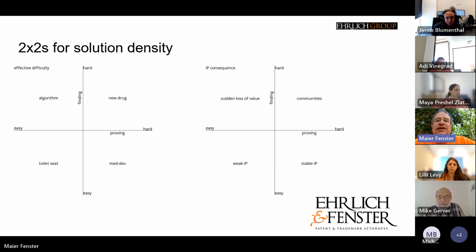And I try to arrange it as 2x2s, using a 2x2 tool developed by a guy called Na. First we'll look at the left. How difficult is it? The question is, how difficult is it to prove and how difficult is it to explore?